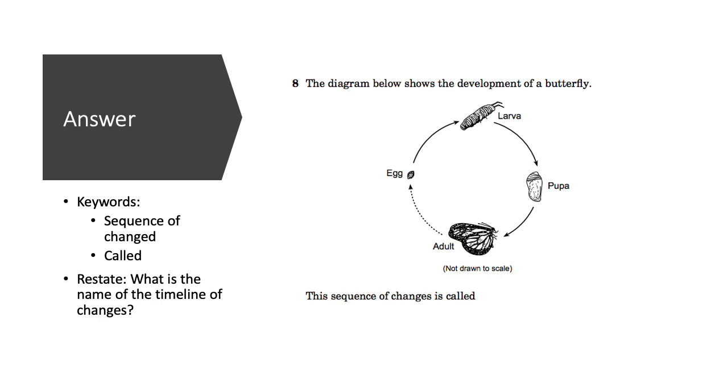Instead of called, I have the name, because I know called means it's probably the name of something, especially in science. And instead of sequence, I have the timeline of changes, because I know sequence means timeline. So the question still means the same thing, but I've put it in my own words so I know exactly what the vocabulary is asking me to find.